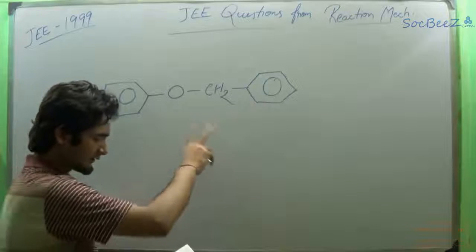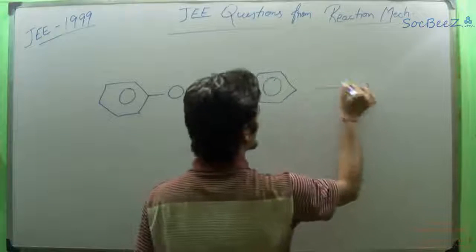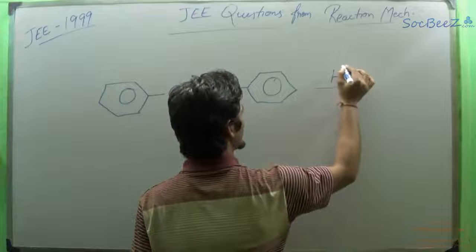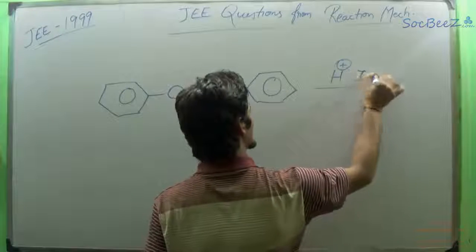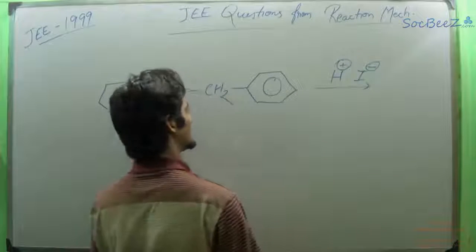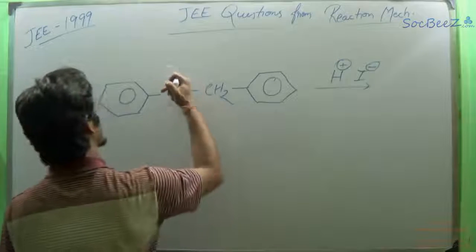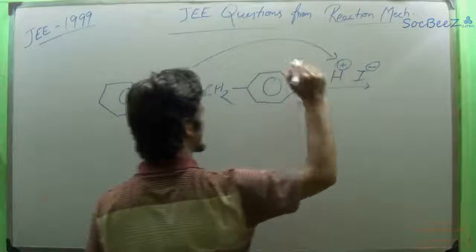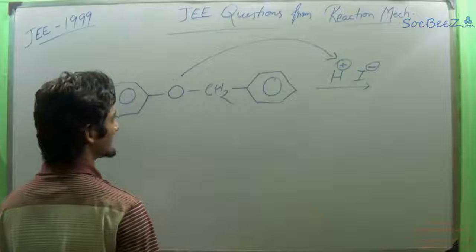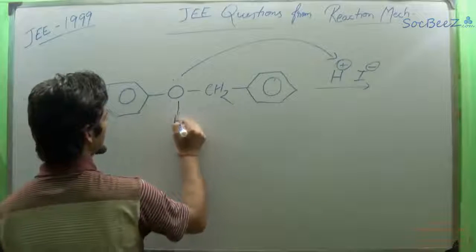The ether, when treated with HI, now HI is being treated, so it is H plus and I minus. So the first step is O will attack on vacant orbital of H, thus it will form OH plus.